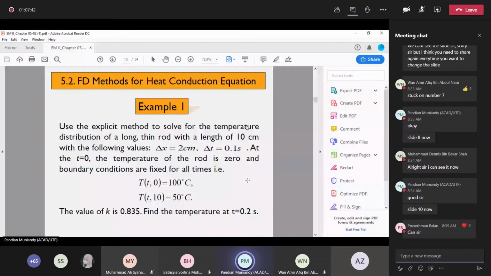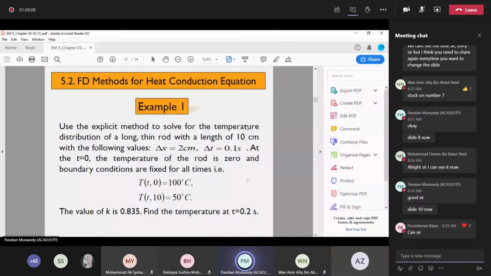In order to perform the calculation, you need the K value. Without this, cannot. So K is given as 0.835. Write down, yeah? You can copy this problem. Please write down this problem.